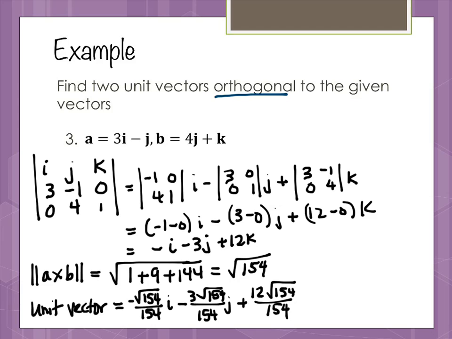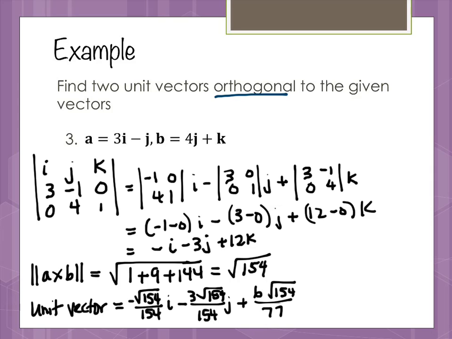Now, as you can tell, some of this is going to simplify. Not the 3 and 154, I was meaning the 12 and the 154. They're both even, so they'll divide. So this 12 will actually become a 6, and the 154 will become a 77.